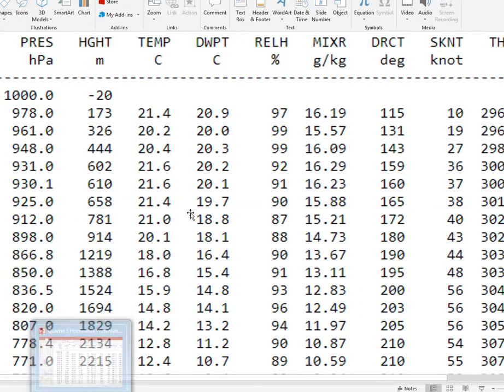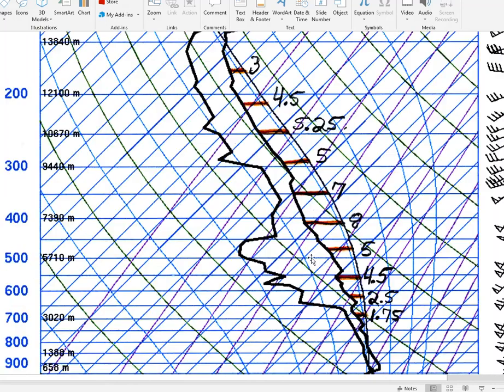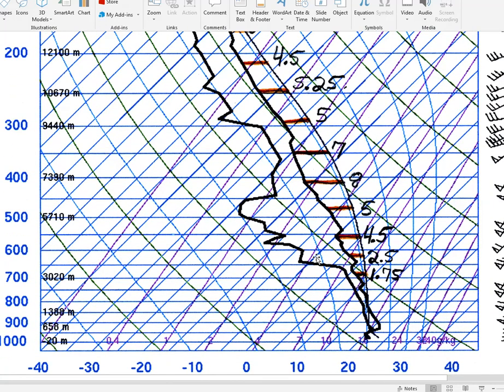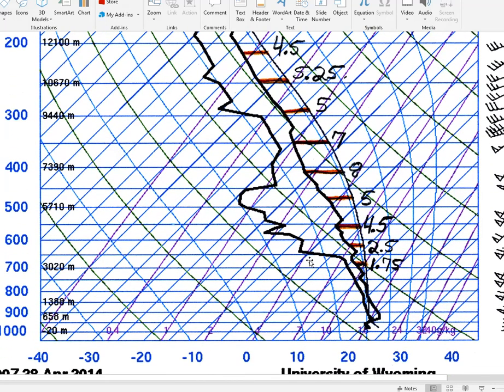I'll take you up to 850 millibars. So the temperature there is approximately 17 degrees Celsius, 16.8. So let's go to our chart and we'll find the 17 Celsius isotherm. So a little bit past 15, right? This is 10, 15, 20 right here.